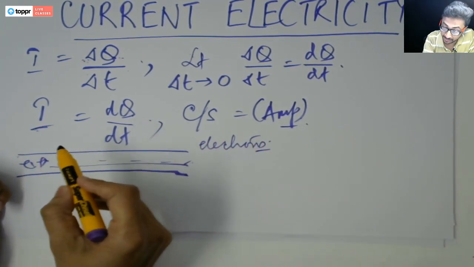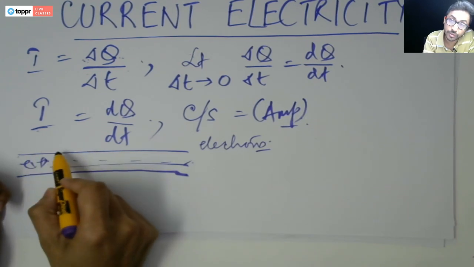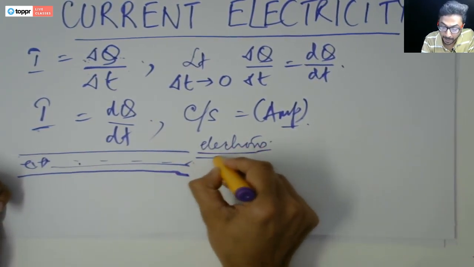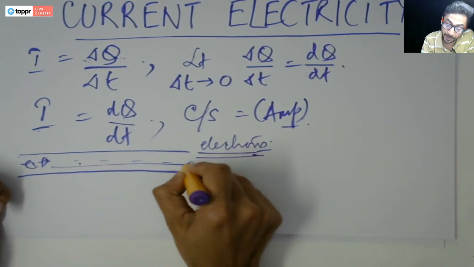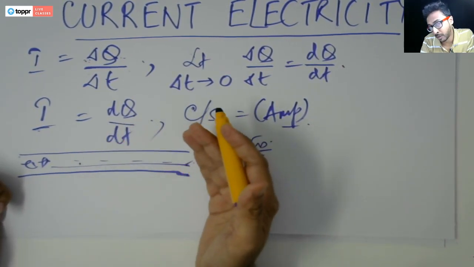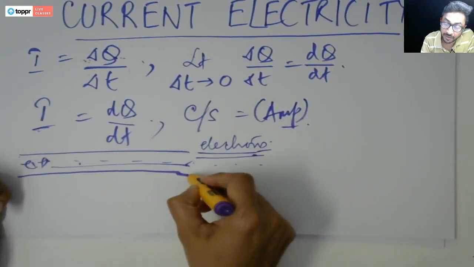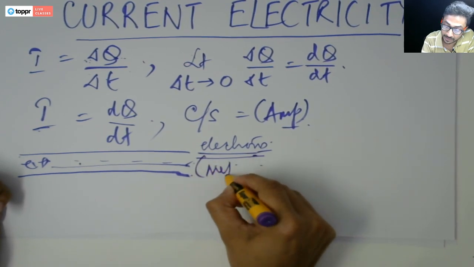The protons, which are bound within the nucleus, will definitely not be moving. But it does not mean that there are no positive charges, or that positive charges cannot be charge carriers. Electrons are the charge carriers in the case of metallic conductors.